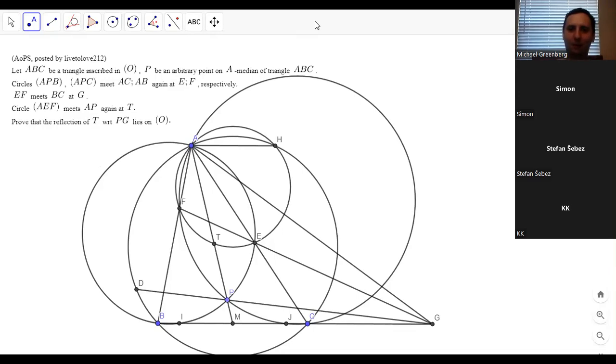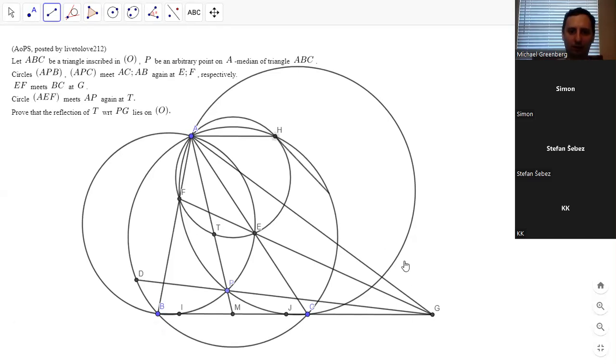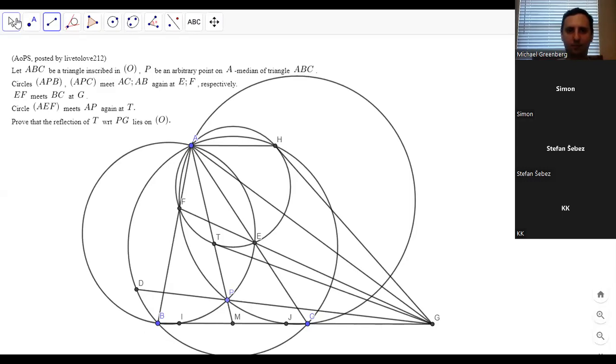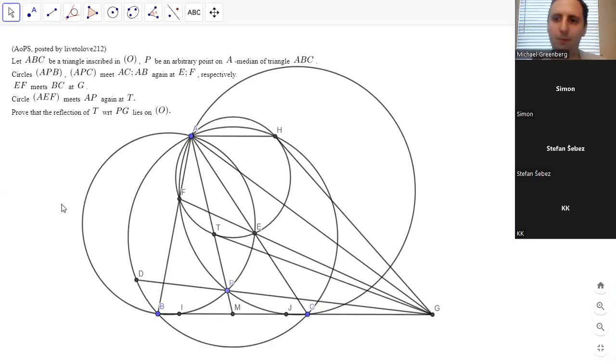So these are all tangents. That gives us a lot of information.